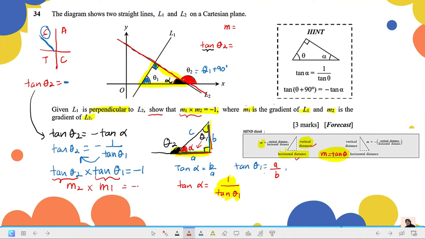So that's why M1 M2 equals -1, because gradient equals tangent theta. To find tangent you always take vertical distance over horizontal distance, the length on the y-axis divided by the length on the x-axis. So gradient equals tangent theta. So that's why M1 M2 equals -1 is shown.